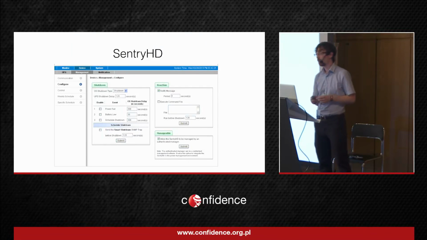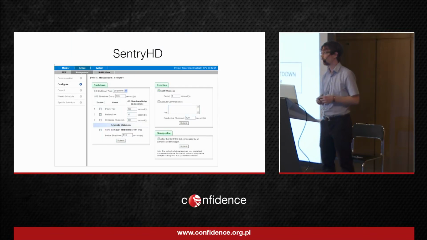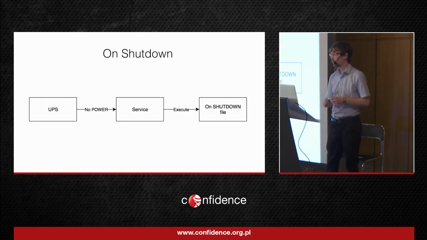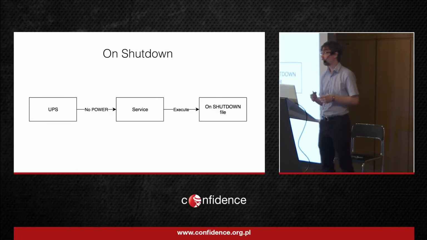There is something called on shutdown. How does this work? When there is some power issue, the UPS notifies the computer, hey, there is some power issue, and then the service executes some previously specified file.